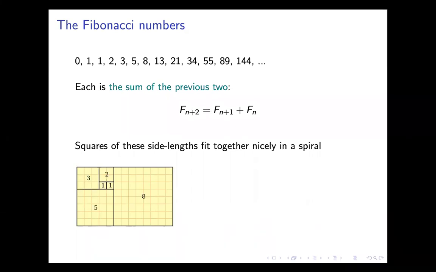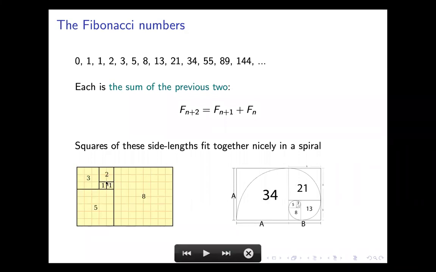If you put squares whose side lengths are equal to the corresponding Fibonacci numbers, then they form a spiral, right? So you can start from this point, and then you would draw a spiral like that, or like this.